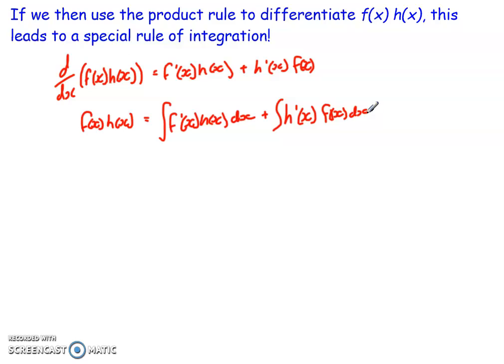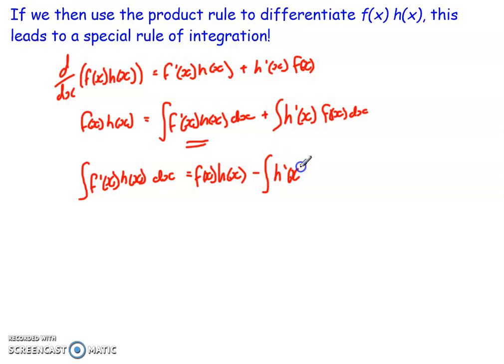Now what I can do is rearrange this such that I'm looking for the integral of the f dashed of x, h of x part. I can rearrange it and rewrite it as the integral of f dashed of x, h of x dx equals f of x times h of x, take away the integral of h dashed of x, f of x.